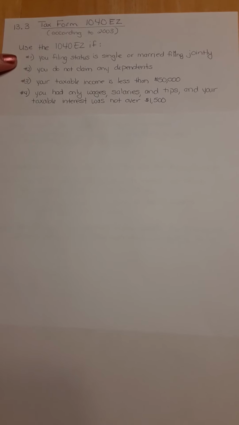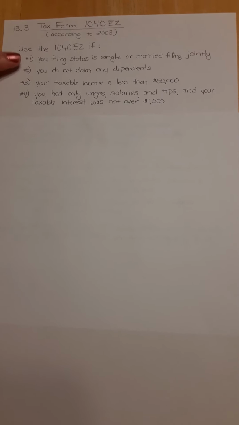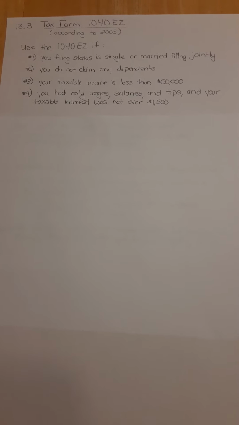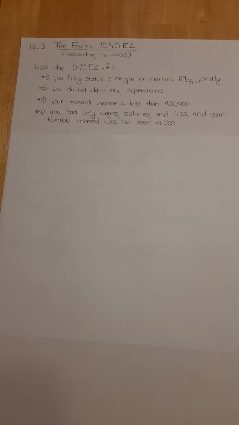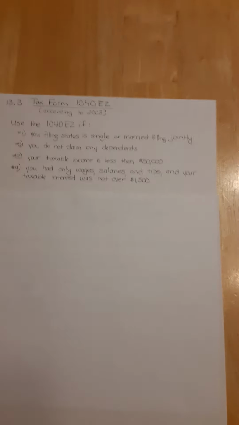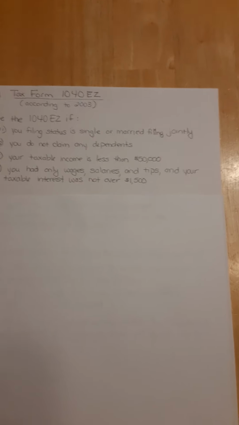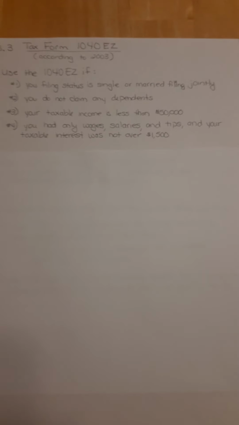You can use the 1040 EZ if your filing status is single or married filing jointly. Now, it doesn't sound like it should be that hard, but there is a definition of what is single.